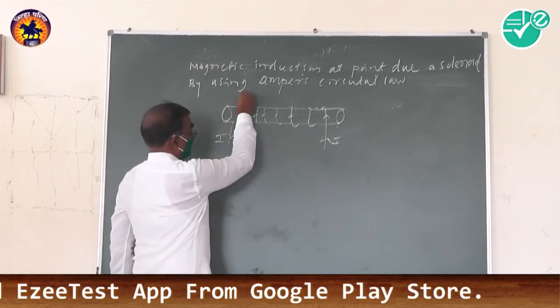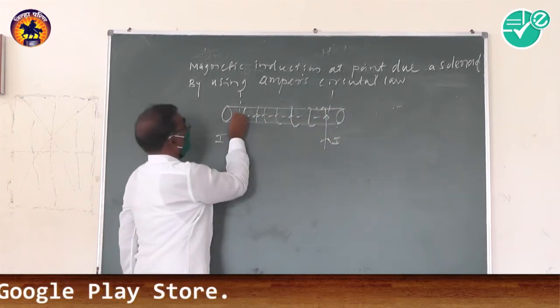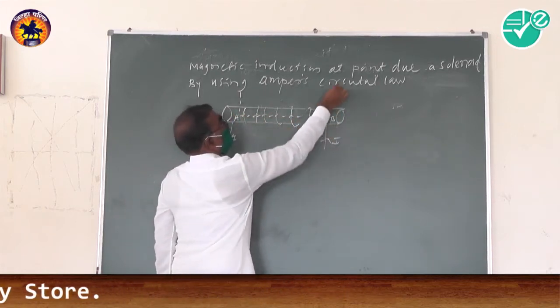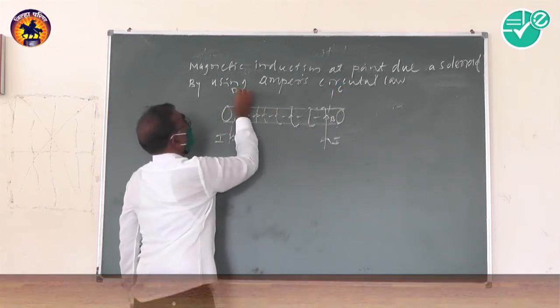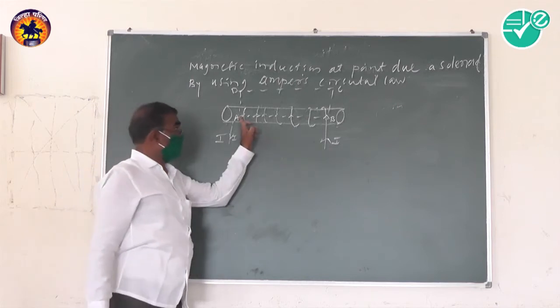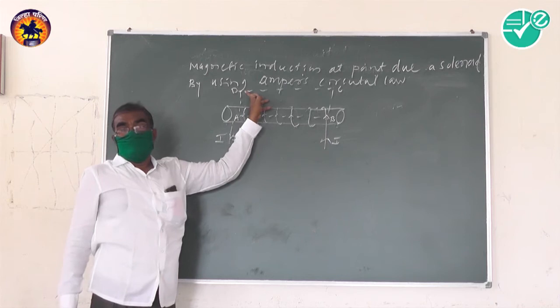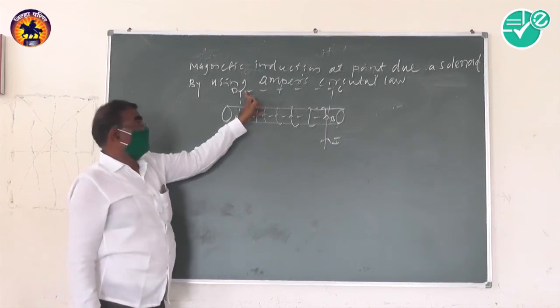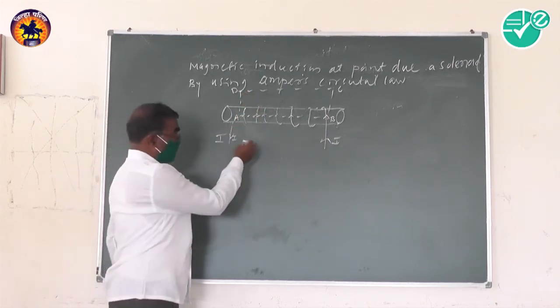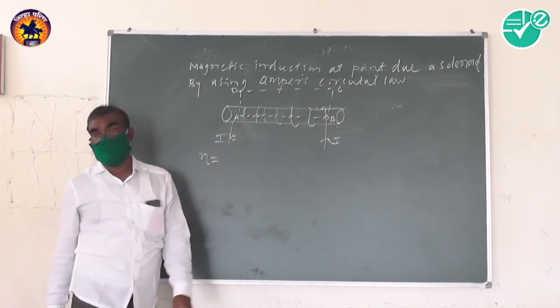We have to consider a closed path, a rectangular closed path A, B, C, D. Small n is the number of turns per unit length.